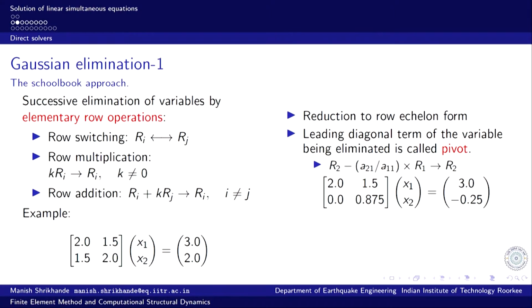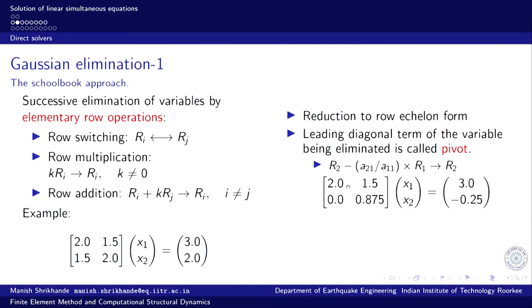So, what is done is row 2 is replaced by adding a scaled version of row 1 to row 2, and that resultant replaces row 2.